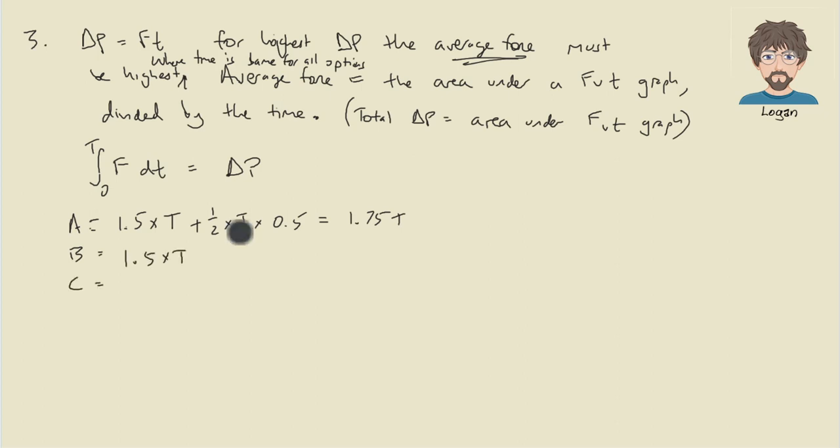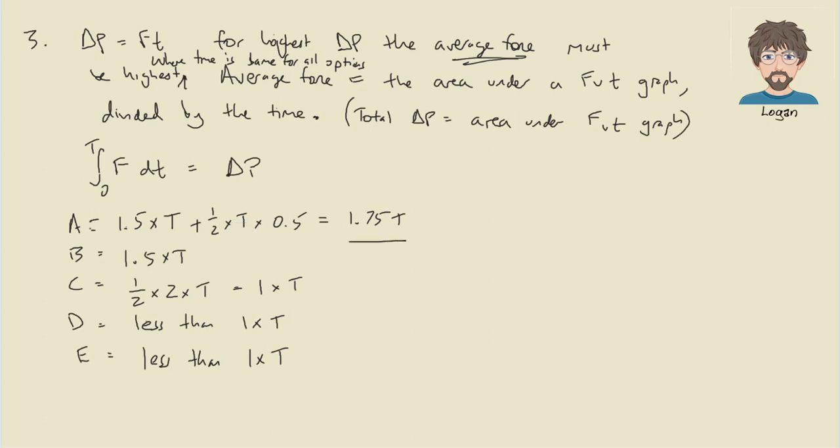C, now this is a triangle from bottom to top, so this is a half times 2 times T, which is just 1 times T. D looks less than a triangle. I'm not going to try and figure out exactly what it is, but it's less than 1 times T. And E, now this is all below the bottom half, so it is less than 1 times T as well.